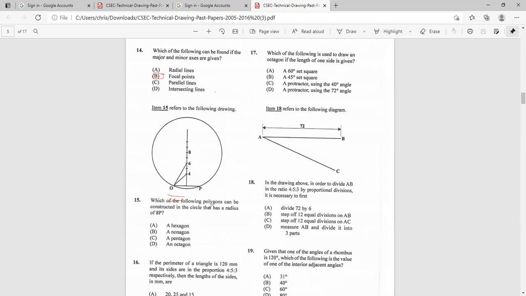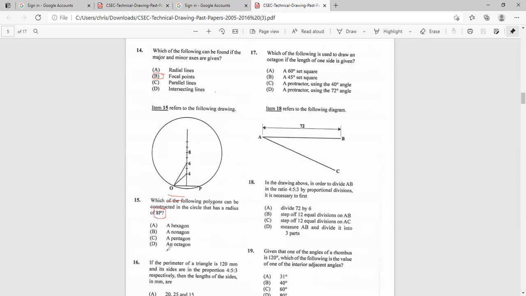Which of the following polygons can be constructed in a circle that has a radius of 8p? A radius of 8p means an 8-sided figure, 6p is a 6-sided figure, 4p would be a 4-sided figure.